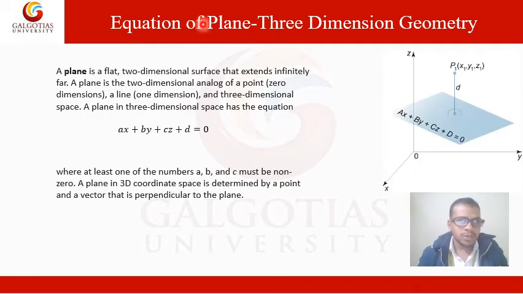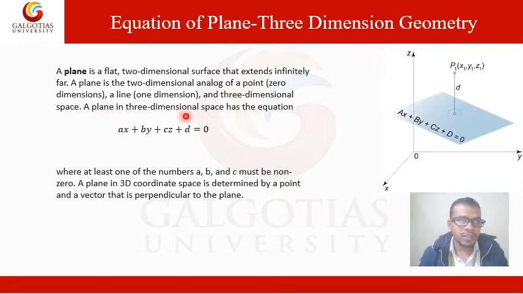Let us think about the equation of a plane in three-dimensional geometry, where we want to draw a line and understand it. A plane is a flat two-dimensional surface that extends infinitely far. A plane is the two-dimensional analog of a point in zero dimensions, a line in one dimension, and three-dimensional space.